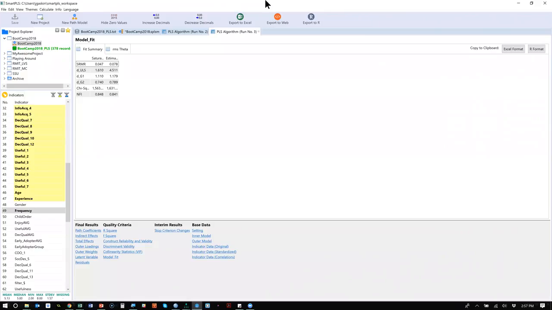So let's go back to the model. And then display your indicators. And maybe rotate them around so we can see them. Right click a factor. You click it and then right click, left click.